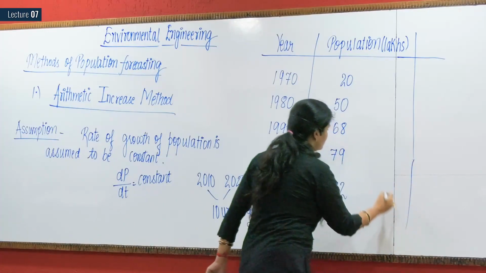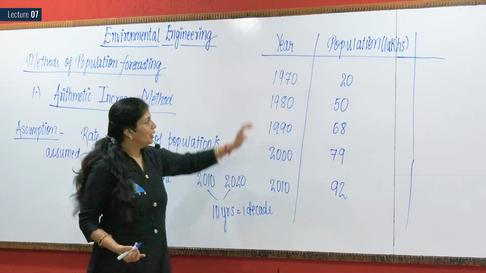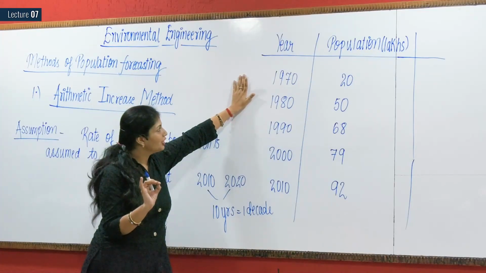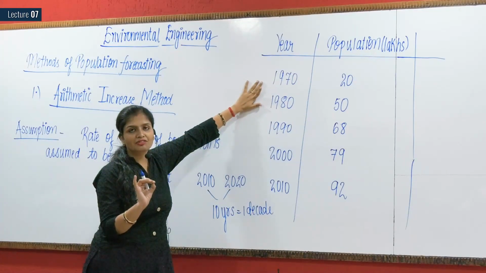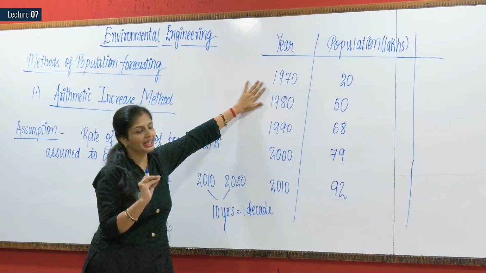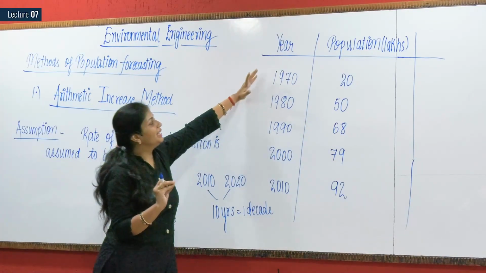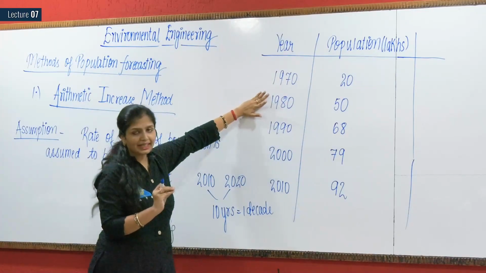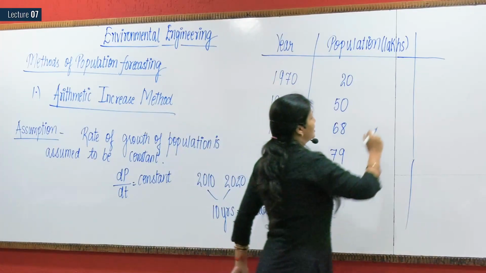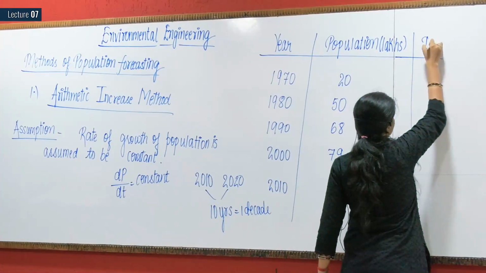Now, first, in the population forecasting method by arithmetic increase, you will calculate the increase in population in every decade. That is, from 1970 to 1980, what was the increase in population? First, I'll write here increase in population.